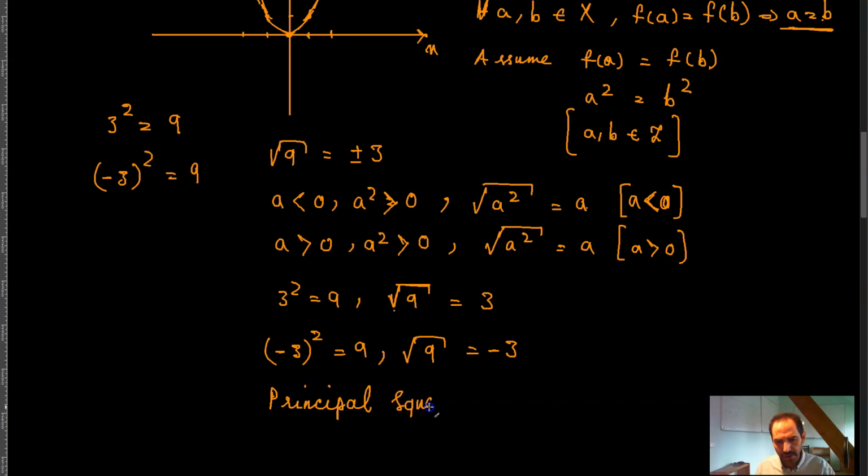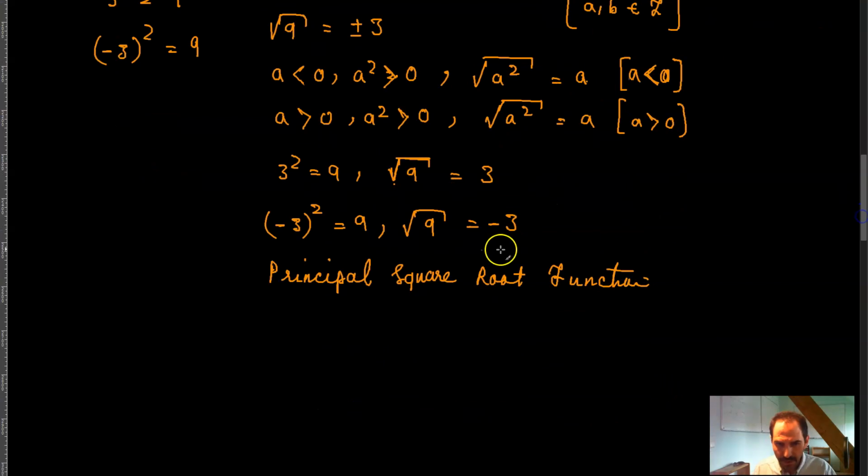The principal square root function is denoted by the same notation, the same thing over here. But if you calculate the square root of 9 using the principal square root function, it will always give you only positive 3.